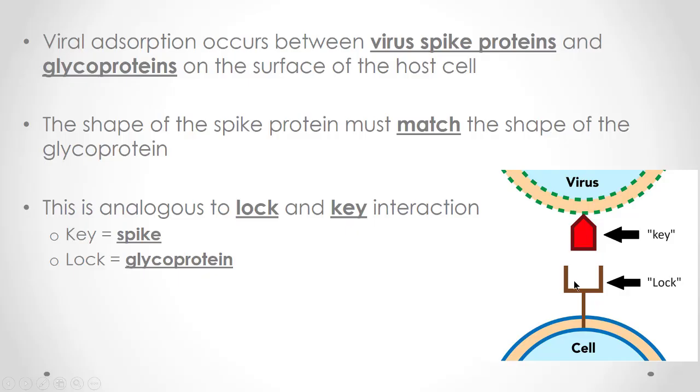And one more thing here, this key, by the way, can mutate. That's one of the things that you see with questions about different viruses and how they might jump from one species to another, potentially. Where that could theoretically happen is that the key can actually mutate, and the viral genetic material changes. That changes the key over time, and now all of a sudden it fits a different lock better or worse.